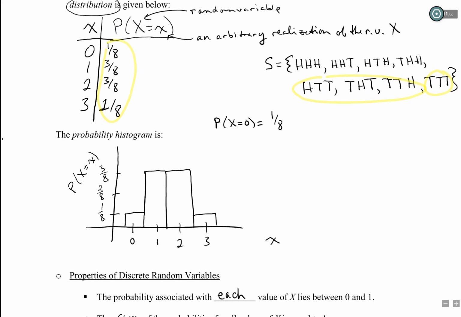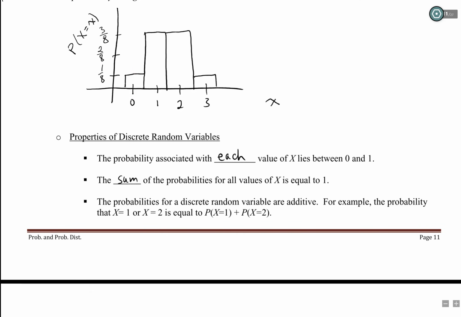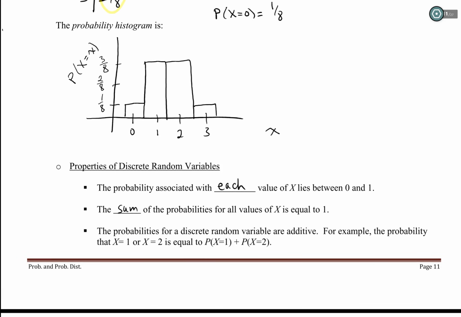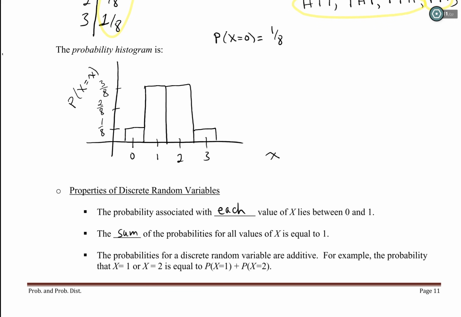If you added up these probabilities, you would get 1. Thirdly, the probabilities for a discrete variable are additive. The chance of X being 1 or 2 is equal to the chance of 1 plus the chance of 2. So it has that nice property of probabilities breaking over an or statement, or the union.